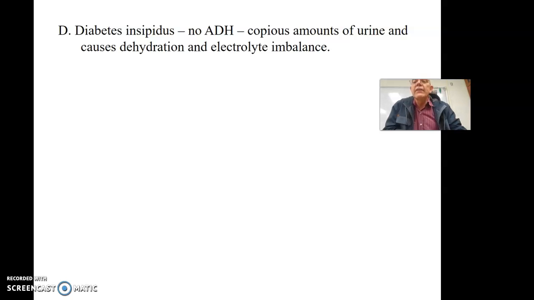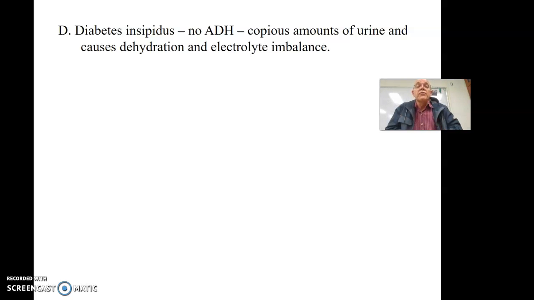All right. Now the last thing is diabetes. Now we talked about diabetes mellitus, which is too much sugar in your blood. Okay. There's also one called diabetes insipidus, which has to do with flow. Diabetes means flow, in this case the amount of urine.